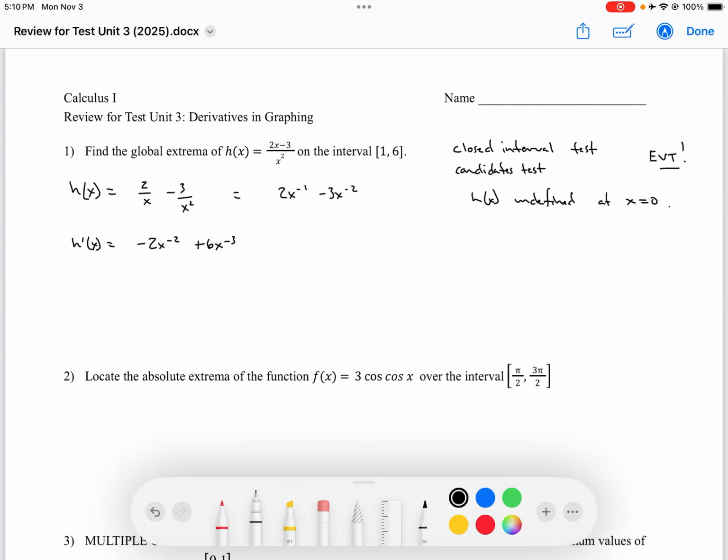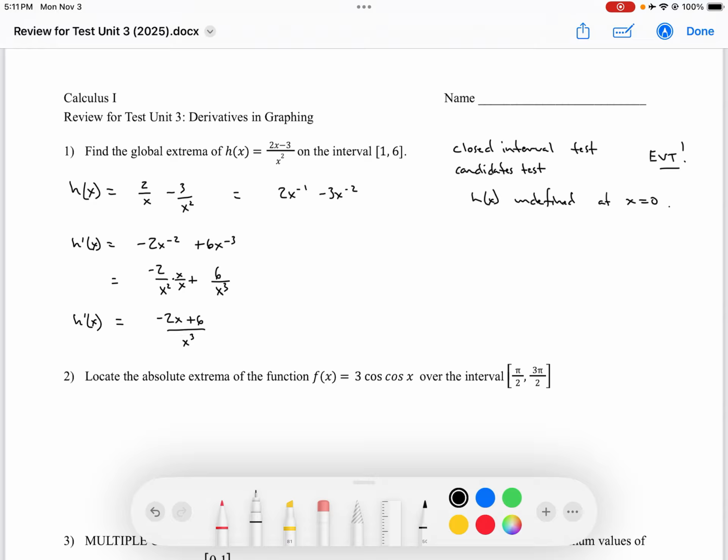I'm not sure if this is the faster way to do it, but that's fine. So that is going to be negative 2 over x squared plus 6 over x cubed. Common denominator is x cubed, so I should get negative 2x plus 6 over x cubed, because I multiplied this by x over x so that I can get a common denominator. Okay, so that should be my h prime.